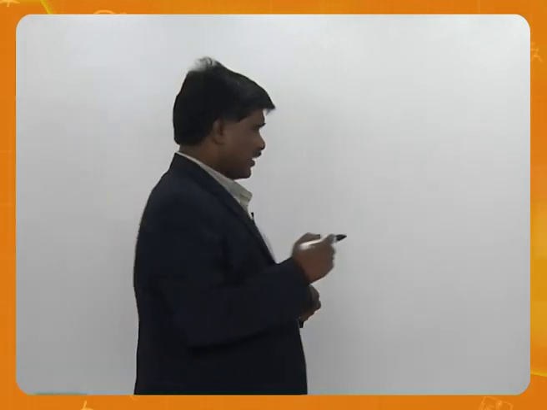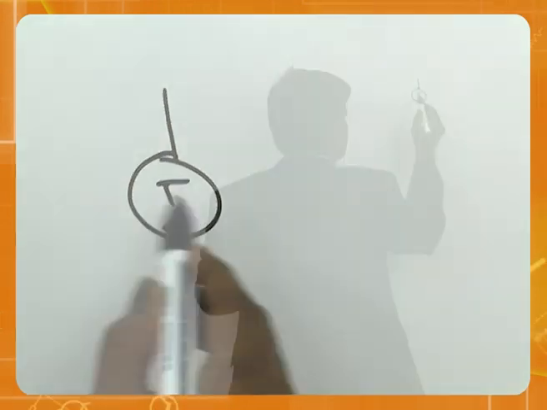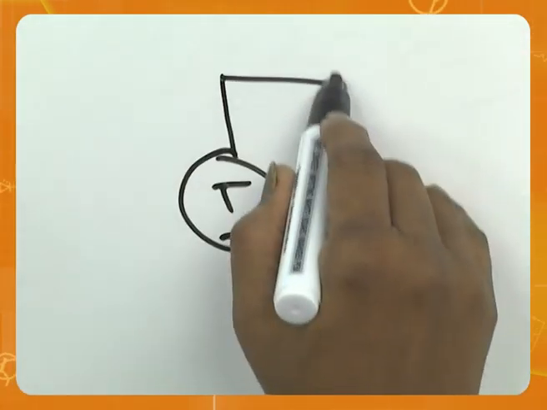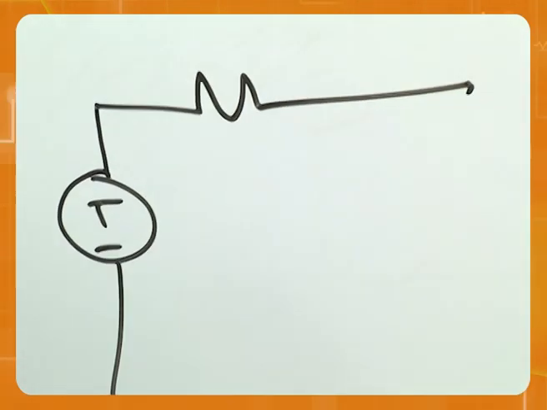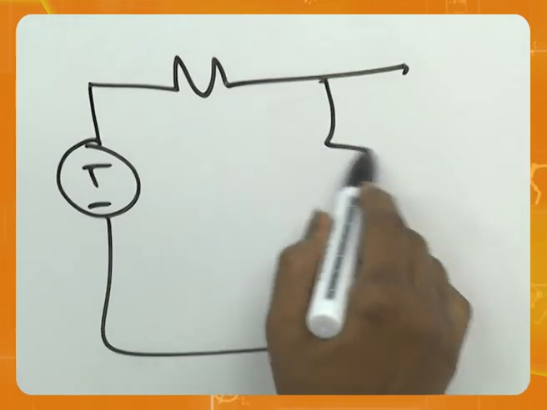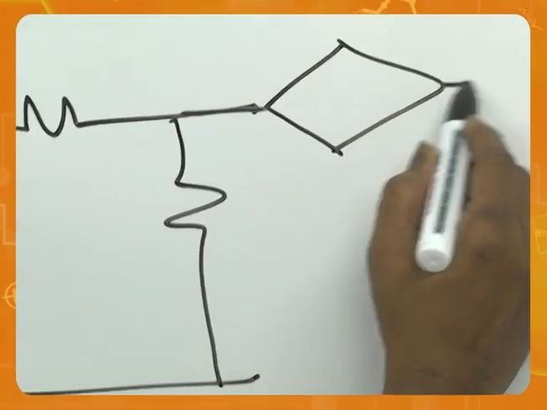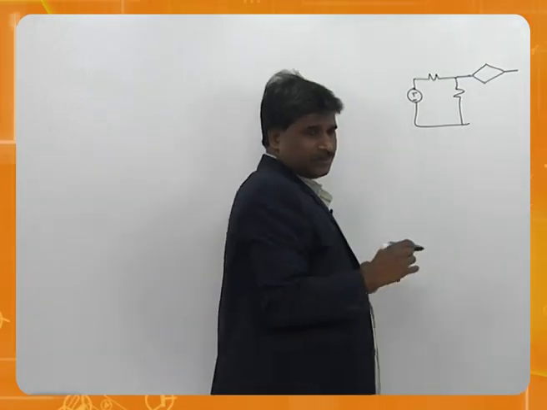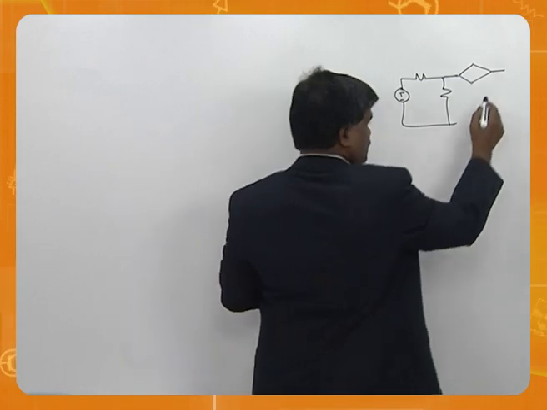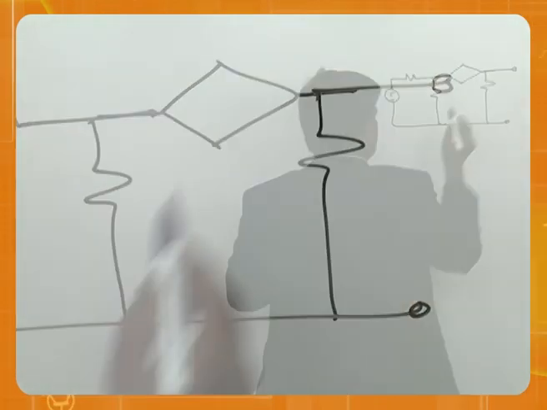This problem also has two things, an independent source, good. Then we have a resistor, right. Then we have another resistor here, a dependent source here, okay. And then another resistor, okay.